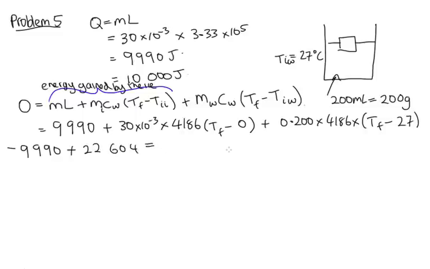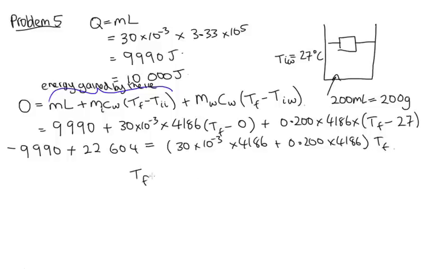22,604 is equal to, and then we've got our terms with a TF in them. So 30 times 10 to the minus 3 times 4186 plus 0.200 times 4186, times TF. And so we can rearrange this.